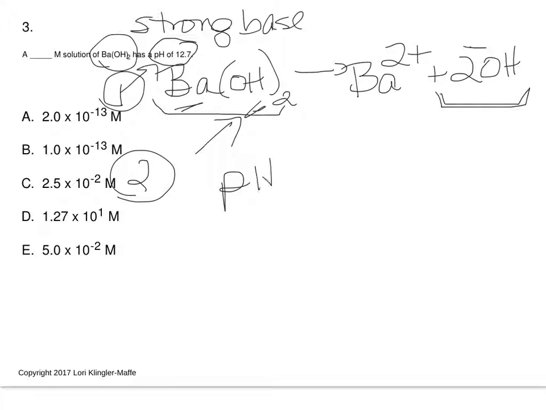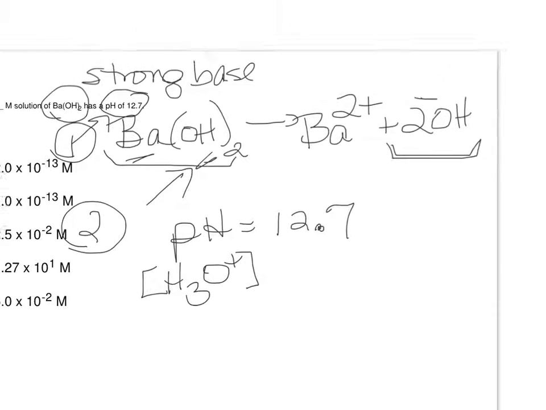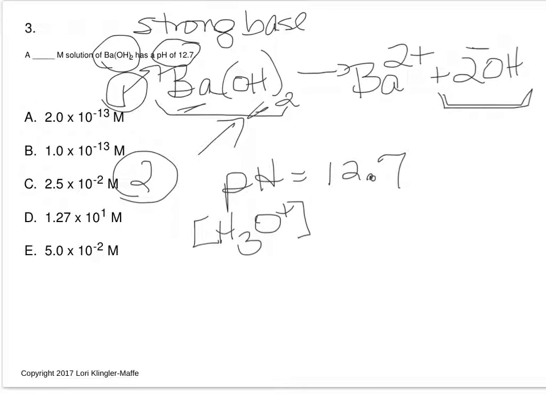What can you do with pH equals 12.7? Well, I know I can work backwards and I can find out the concentration of hydronium ion from that. But I really don't want hydronium ion. Whoopsie daisy. I want the hydroxide. So I'm going to convert the pH to pOH first.